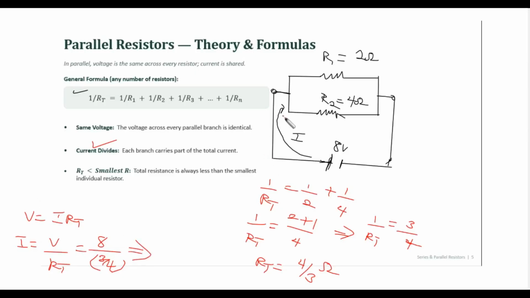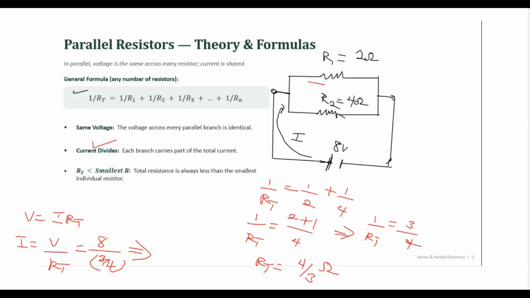But this total current, by the time it gets to this junction, is going to divide among these resistors. That's the peculiarity with resistors in parallel. The voltages are the same. So this 8 volts is the same for the 4 ohm resistor and the 2 ohm resistor as a matter of principle, all right?